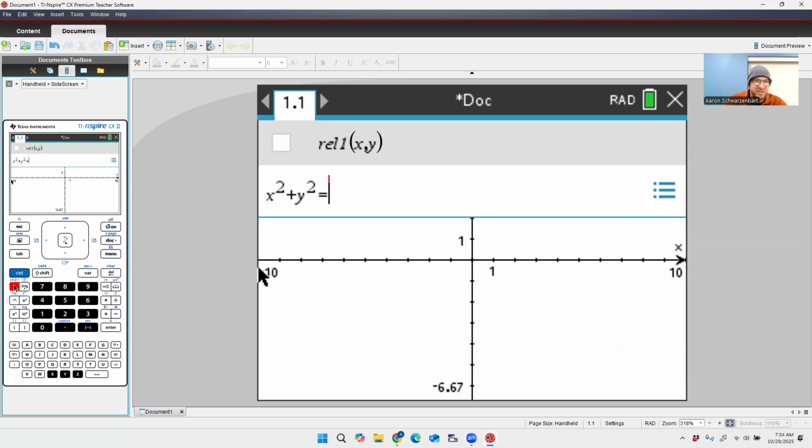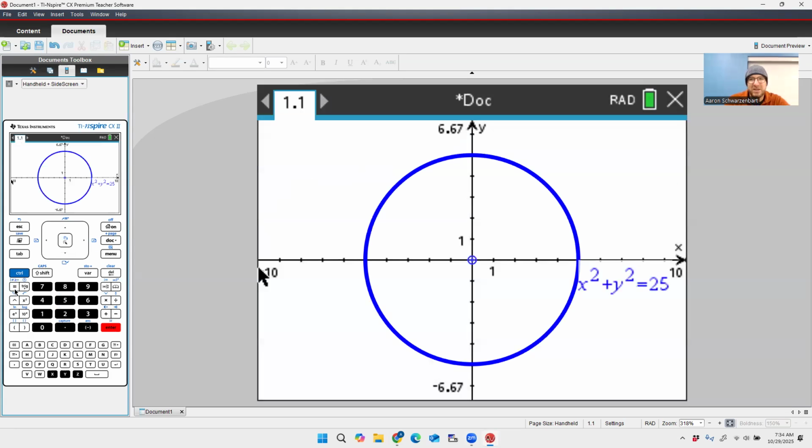The equal sign here is important. It's right under the control key. It's highlighted in red right now. And there's my circle. You can graph any kind of relation on this calculator. It's wonderful. It's just as good as Desmos for doing that.